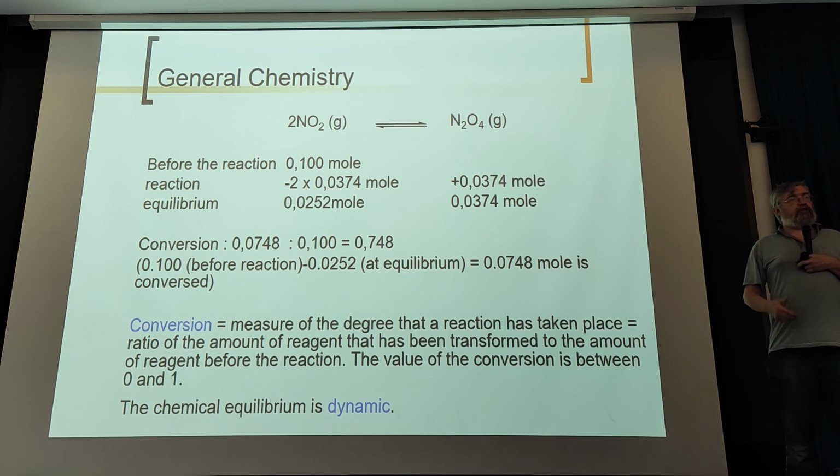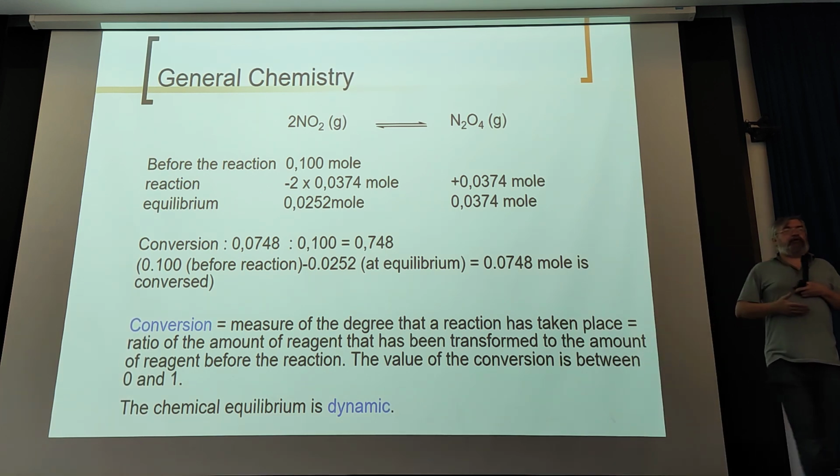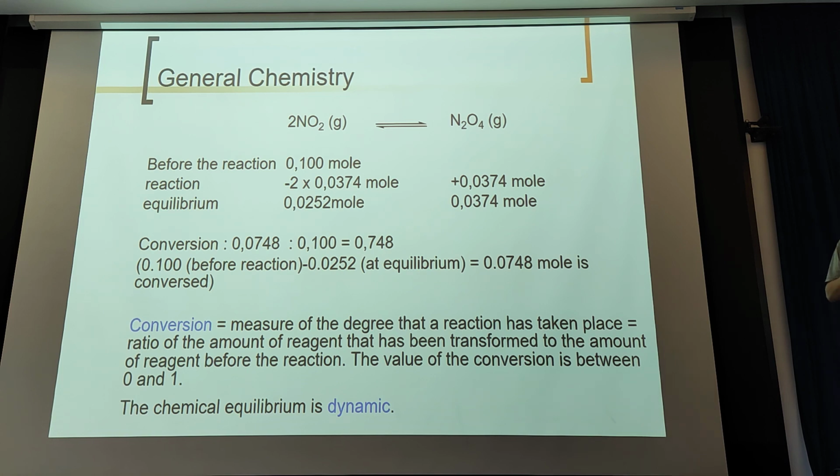So we could say the degree of conversion is 74.8%. Or if you express it as a number, it's 0.748. So meaning it's not 100%, but it's close to it. 3/4 of the reagent has been converted.